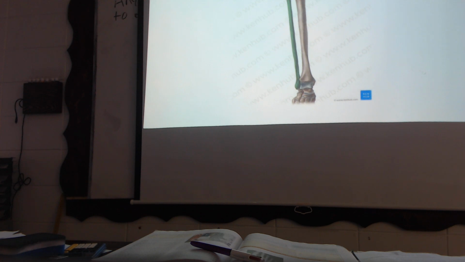Point to the navicular. Oh, hey, look at that, right there. The navicular it is. Medial malleolus.